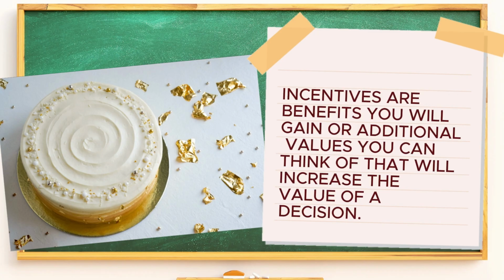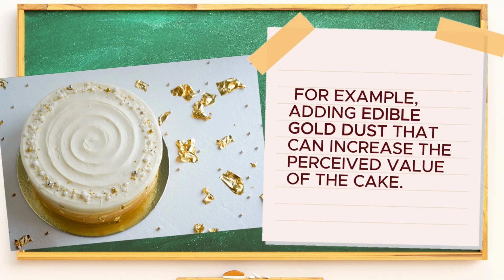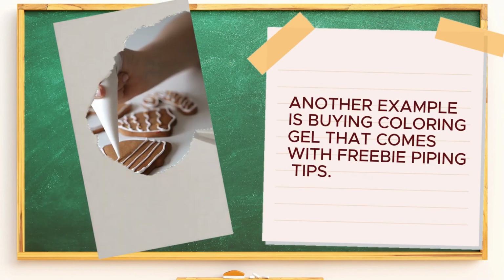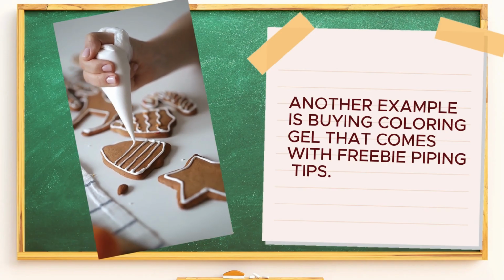Incentives are benefits you will gain or additional values you can think of that will increase the value of a decision. For example, adding edible gold dust that can increase the perceived value of the cake. Another example is buying coloring gel that comes with freebie piping tips.